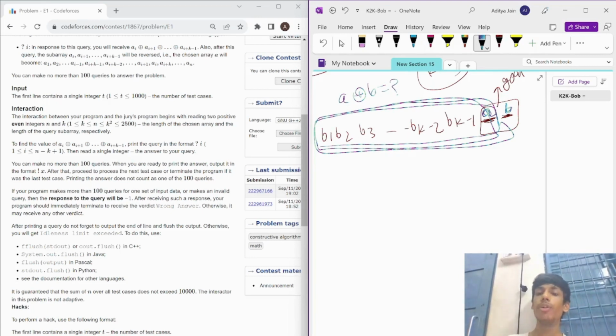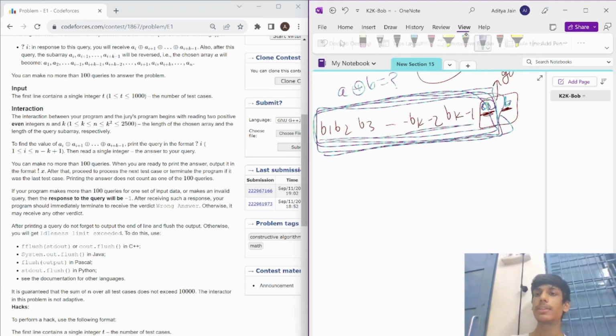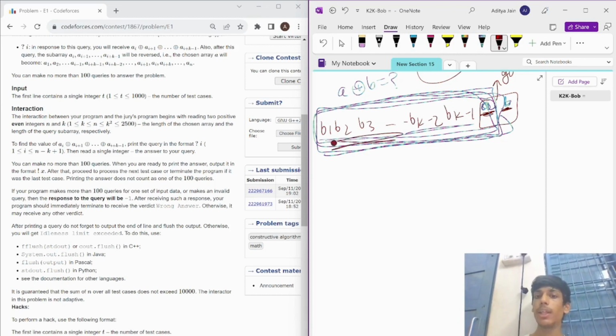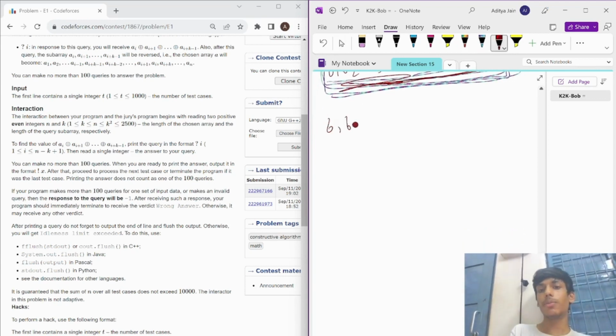Now we'll take a segment of length k. Clearly there are k minus 1 elements here, and we added one more element. We took the k minus 1 elements from the last segment, then we had A here and we had B here.